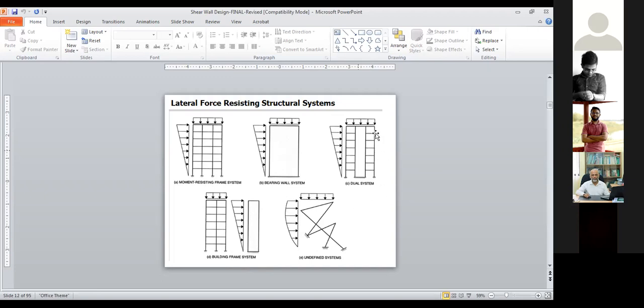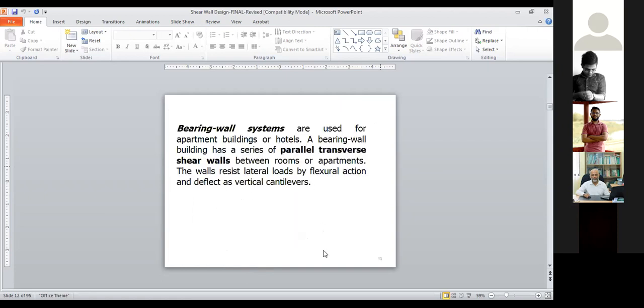Mostly in our cases, we try to design with the dual system. That is, we allow the frame system to take some part of the horizontal load, and the shear wall will take the horizontal load as well.